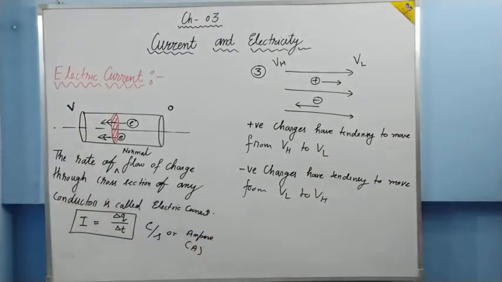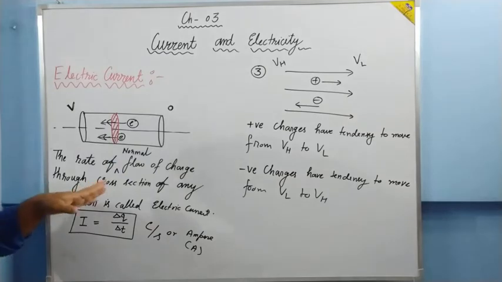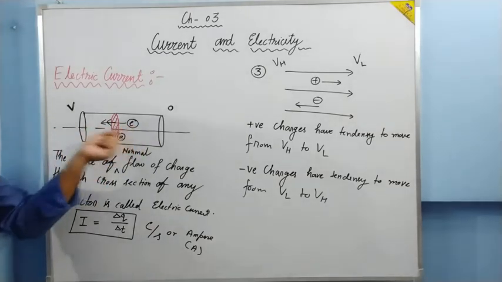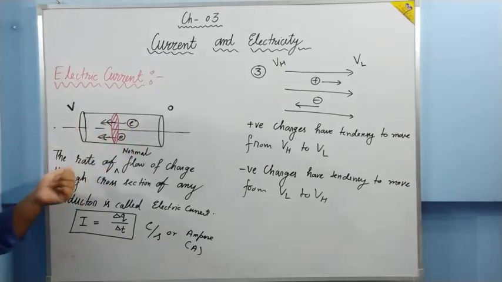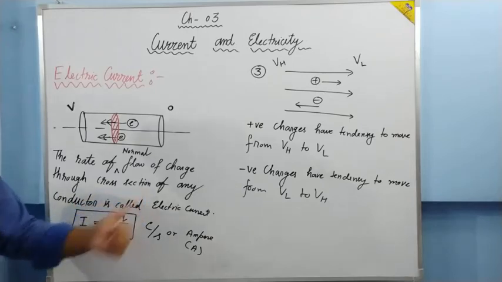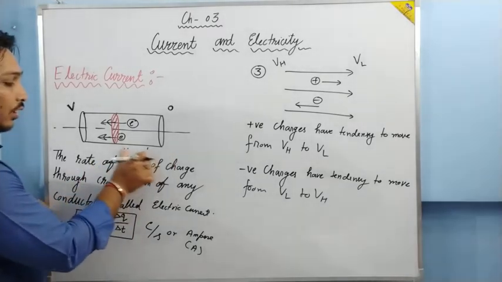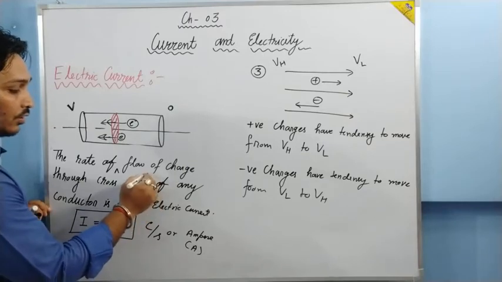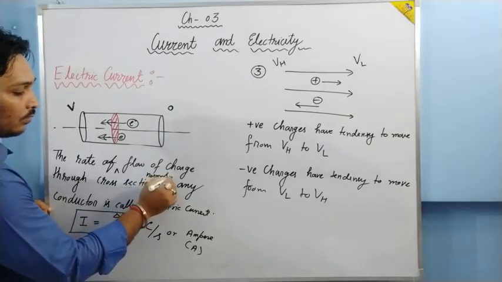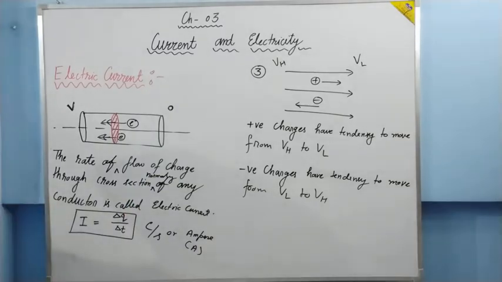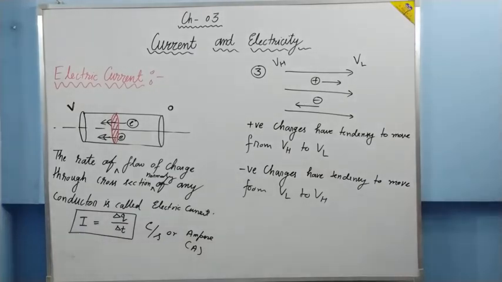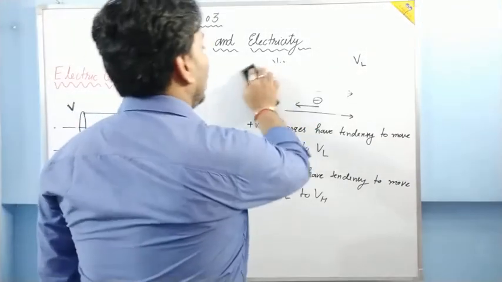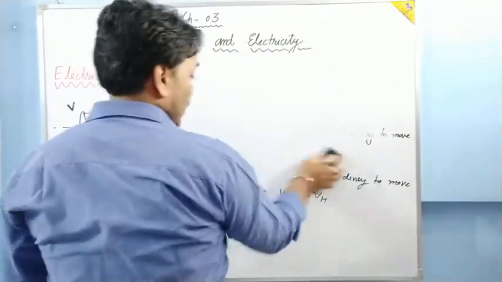So this is the definition of current: the rate of normal flow of charge. Normal flow means the charges are flowing perpendicular to the cross section, right? So normal flow of charge through the cross section of any conductor is called electric current, Coulomb per second or ampere.